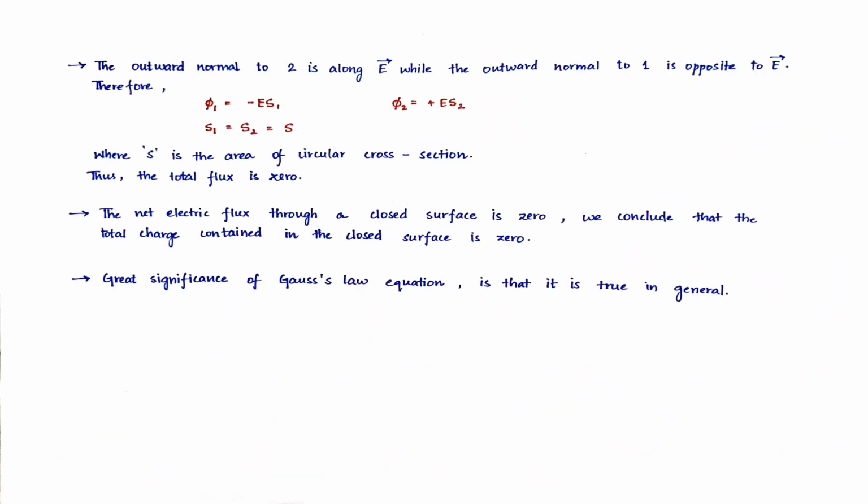Now the outward normal to surface 2 is along E, while the outward normal to surface 1 is opposite to E. In this case, for surface 2, E and S are in the same direction, whereas for surface 1, E was in this direction and S was in this direction.